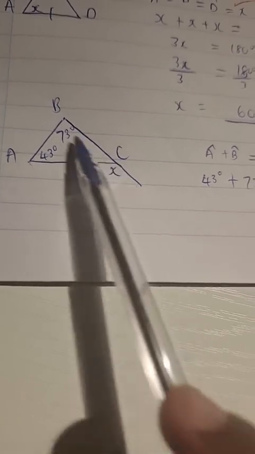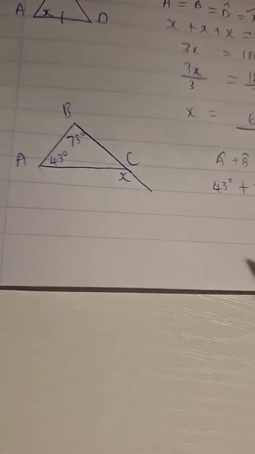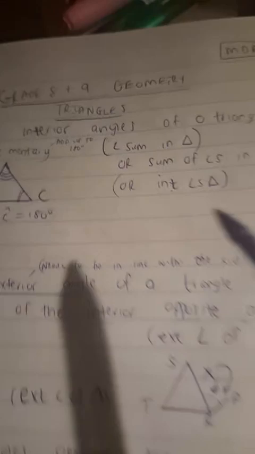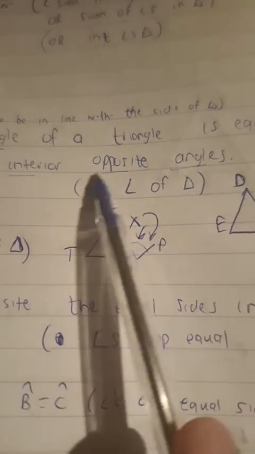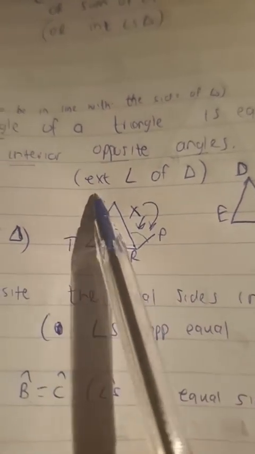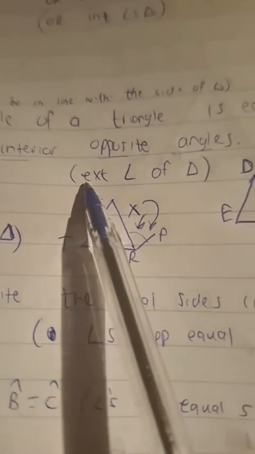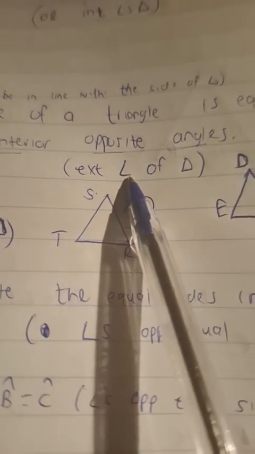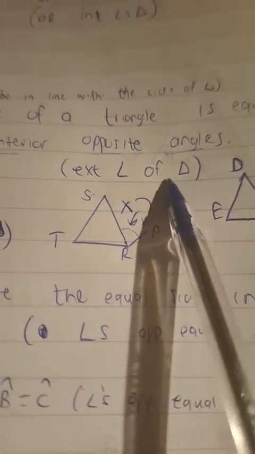So we can say x is equal to the addition of the two interior opposite angles. So 43 degrees plus 73 degrees is equal to x. That's very true. What is the reason? Let's not forget that according to the acceptable reason document, we write ext angle of triangle. Please guys, exterior we write ext, angle the symbol, of we write off, triangle the symbol of triangle, we close the bracket.